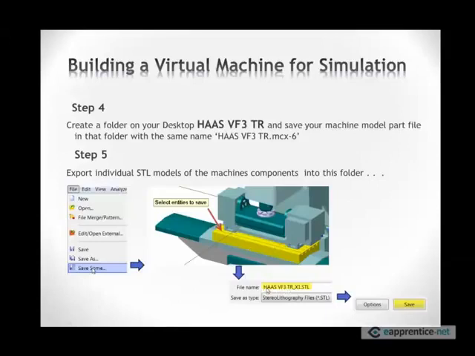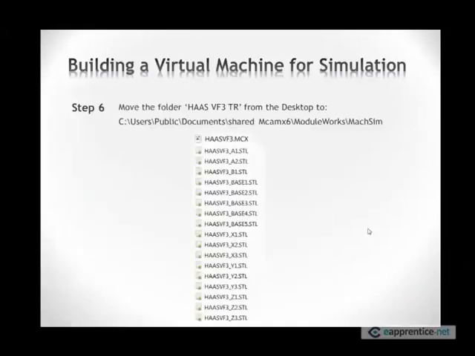I usually keep the machine name in front, because if I'm building, say, a Kuma X1 next time, I want to distinguish which machine it is. So in this case, this is the Haas X1 component. Save it. You can set your tolerances here. What you end up with is a folder full of STL models with all the different models of that machine.